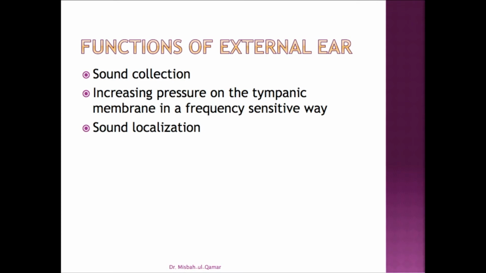Your external ear functions for sound collection and localization, and for increasing the pressure on the tympanic membrane in a frequency sensitive way. The next part is the tympanic membrane, which sometimes is considered a part of the external as well as of the middle ear.